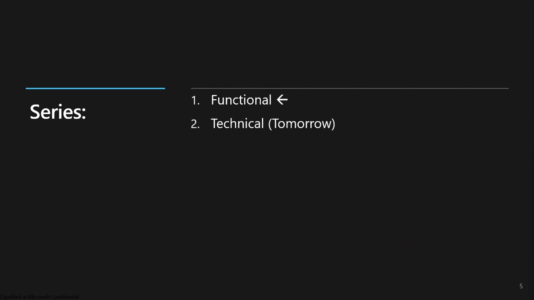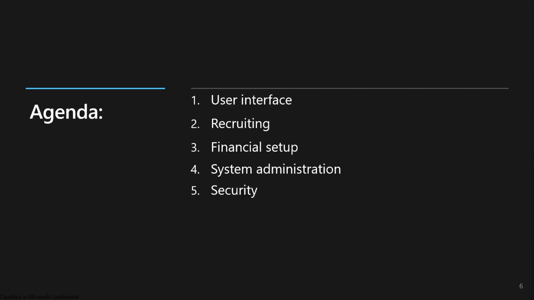Taking a quick look at the agenda for today, we'll be starting out by talking about the user interface differences that you'll see between the two applications. Then we're going to dive into the specifics around the differences in the functionality for recruiting. We'll then switch gears to the financial setup.